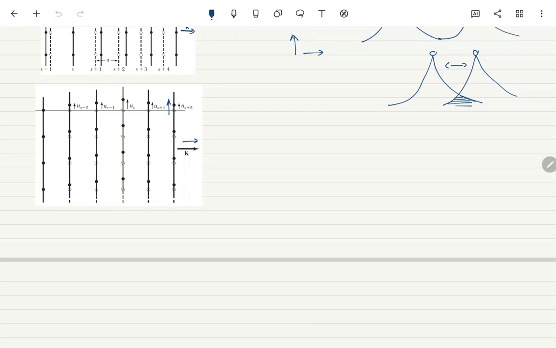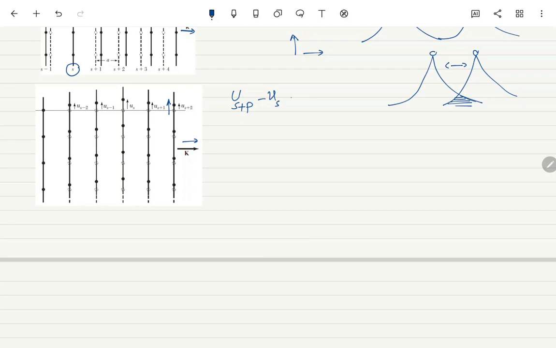Now let's assume that the force on the plane, let's name it s, this plane here, caused by the displacement of the plane s plus p, is proportional to the difference u(s+p) minus u(s). For simplicity, let's consider only nearest neighbor interactions.